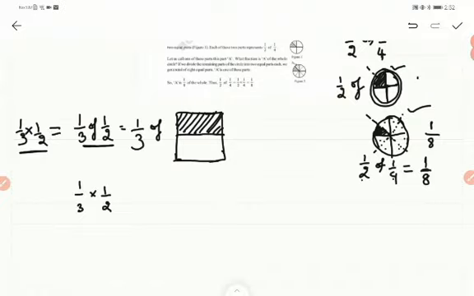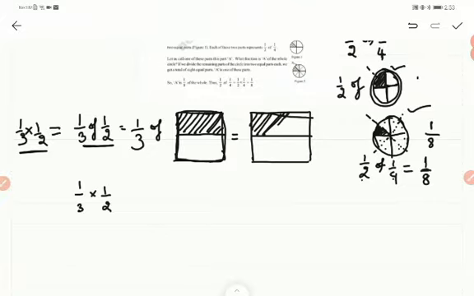Now 1 by 3 of this one, how will you draw this? From this figure you are dividing it into 3 parts now. So I will draw it like this. Take the first part as it is, that is for 1 by 2.